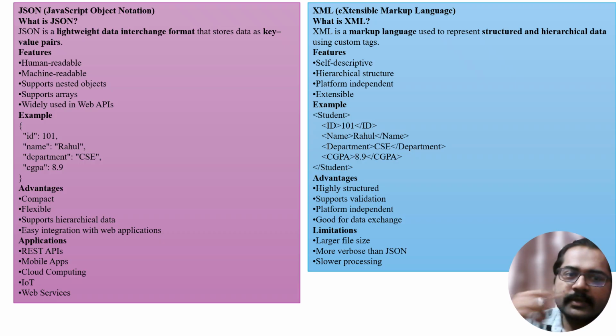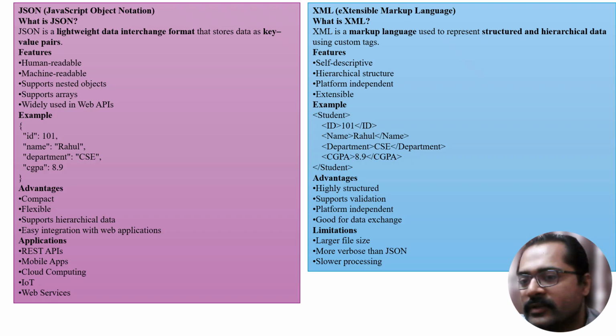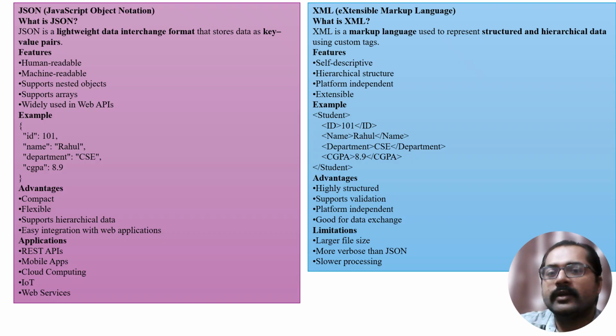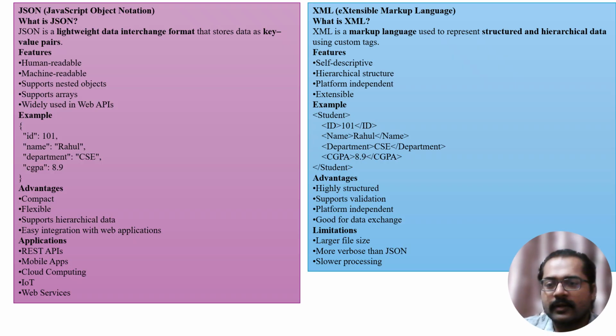It supports nested objects and arrays, is widely used in web APIs, and I also used it in my research for configuration of the models. It's compact, flexible, supports hierarchical data, and integrates easily with web applications: mobile apps, cloud computing, IoT, web services, REST APIs.